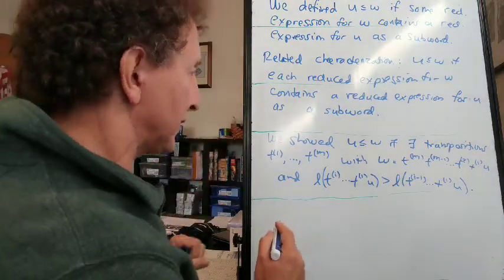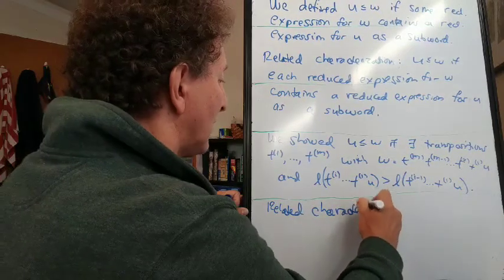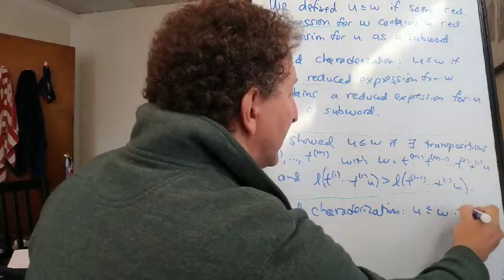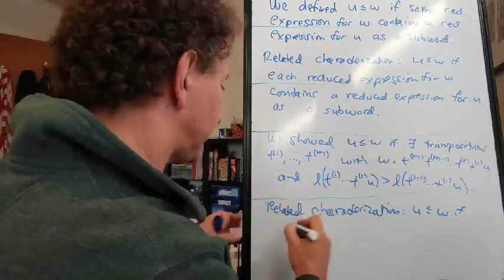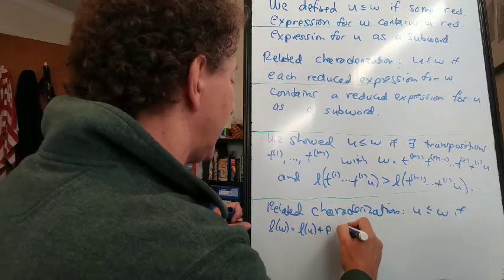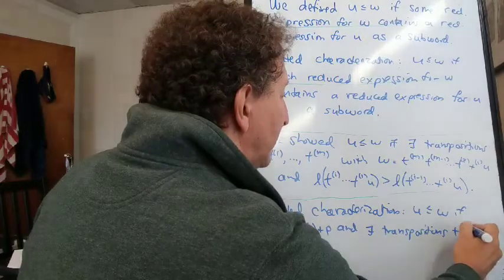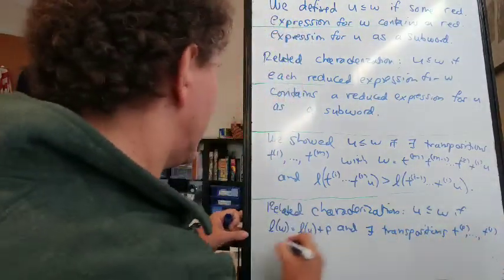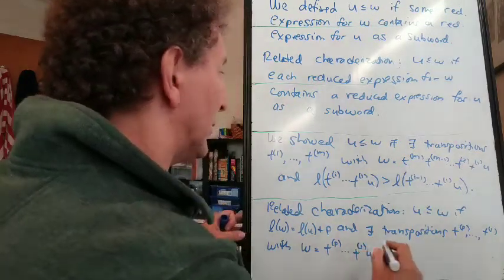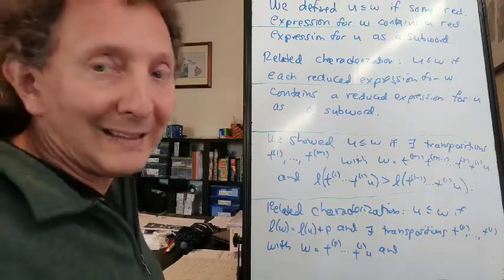And then related to this characterization, we have U is less than or equal to W if the length of W equals the length of U plus some number P, and there exist transpositions TP through T1 with W being equal to TP through T1 U. And so this is almost the same, except the length every time we multiply by a transposition is going to go up by exactly 1.